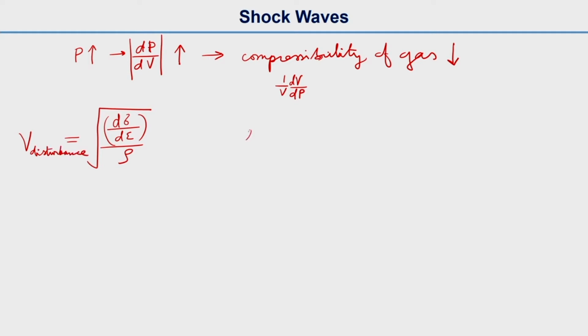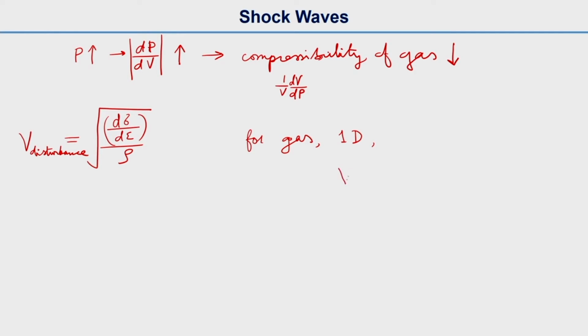Now for a gas, if we assume one-dimensional conditions, the disturbance, let us say a stress wave or pressure discontinuity as it is related to high pressure, will have a velocity equivalent to the square root of dP/d rho. So this is for a gas in the one-dimensional case.